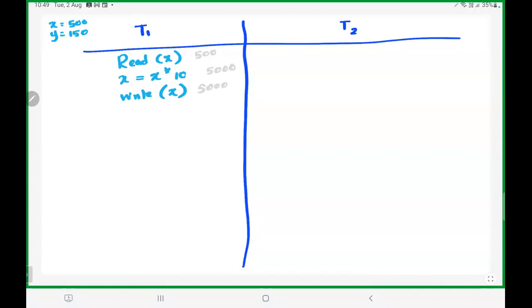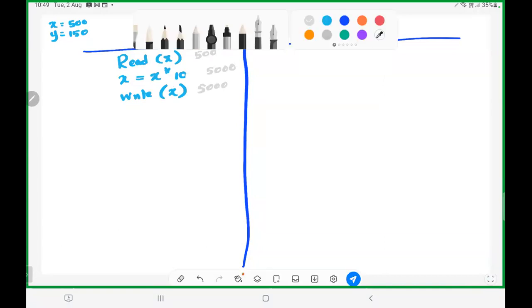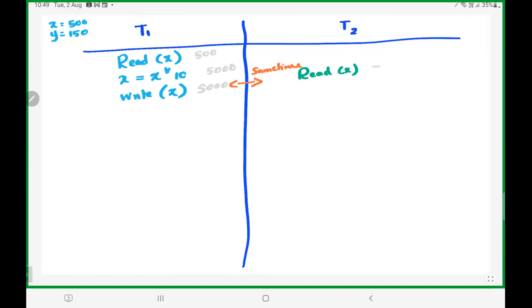And at the same time, the second transaction also reads X. Now tell me, what is the value of X?